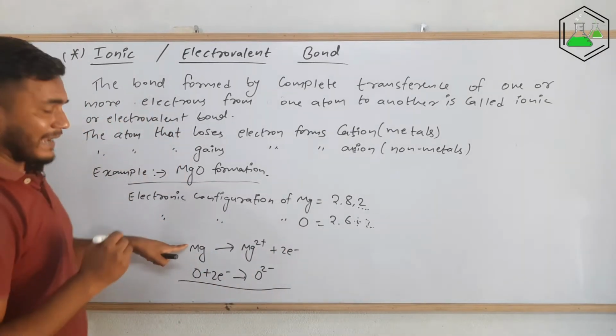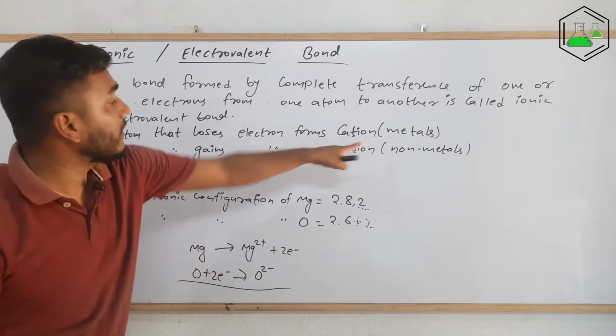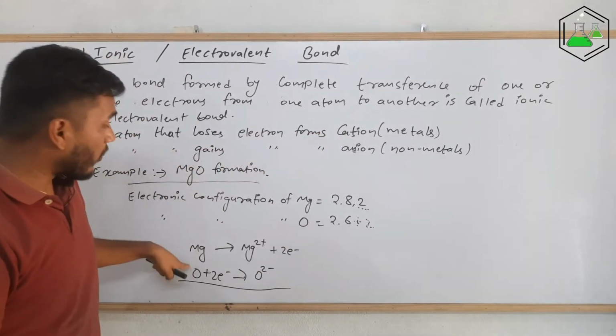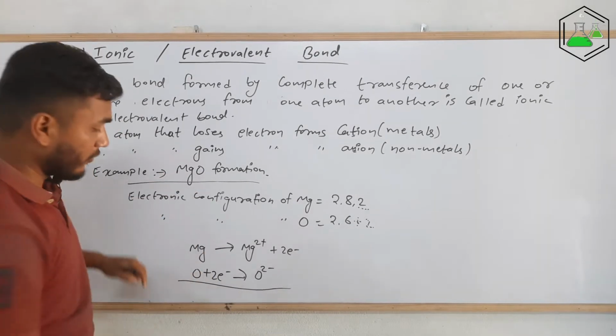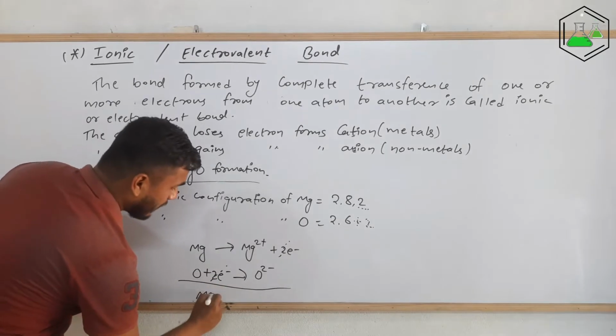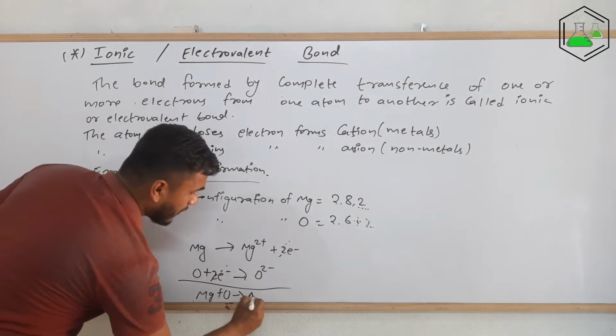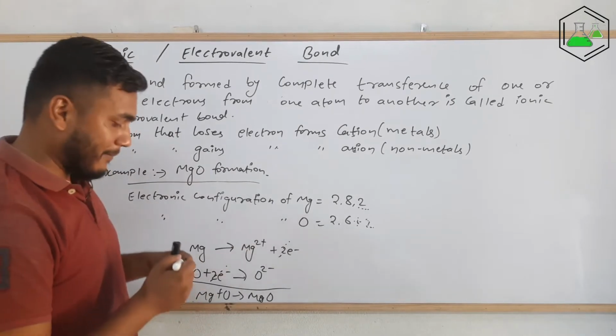Here you can see this magnesium is a metal, it is losing the electrons. I've written it over here. Metals generally lose the electrons, and oxygen is a non-metal, it is a gas and it is gaining the electron. And if we just add them, we will get magnesium plus oxygen forms magnesium oxide. So this is how the reaction happens.